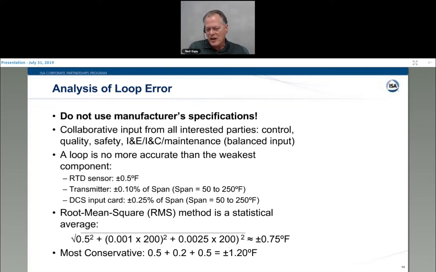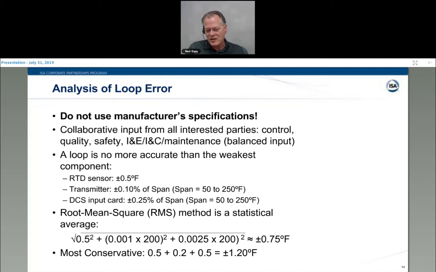If you look at the weakest link in this example, the 0.75 compares logically to the 0.5 RTD. The other two elements don't necessarily add the full amount of error. But some people are really conservative, so they just add them up.